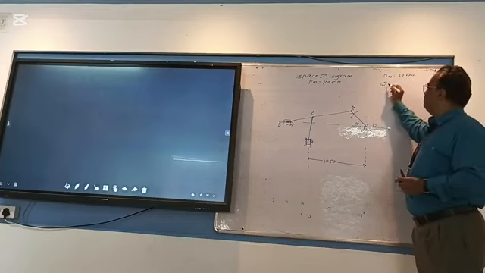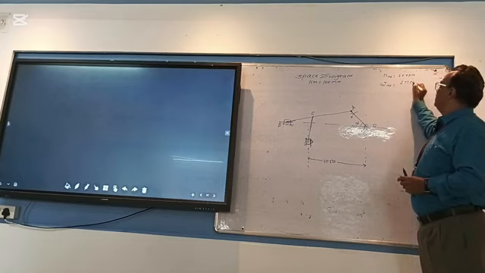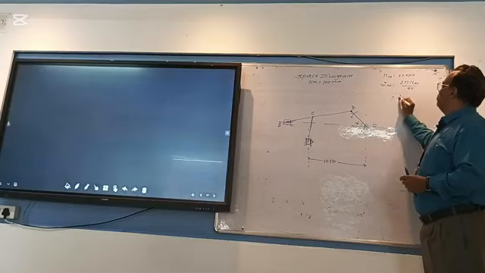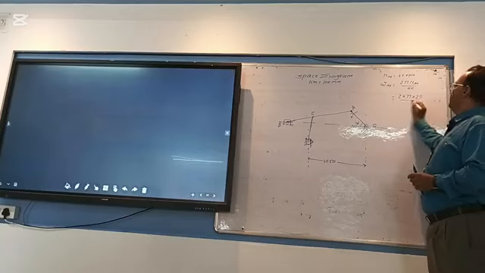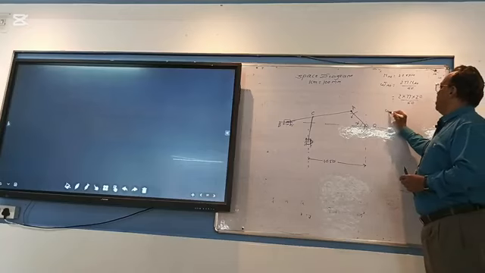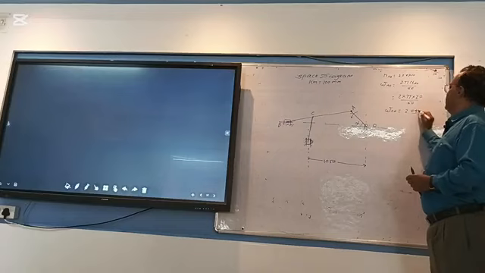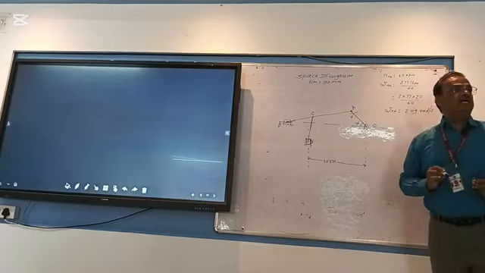If you know the RPM, omega equals 2 pi N divided by 60, that is 2 multiplied by pi multiplied by 20 divided by 60. How much omega are you getting? 2.09 radian per second. This is the omega.